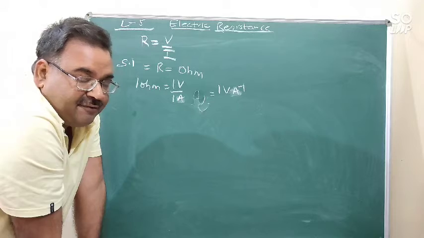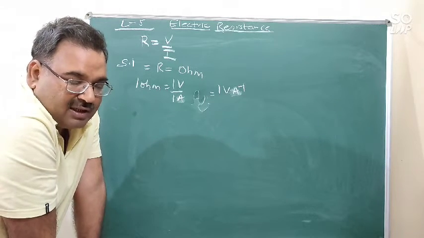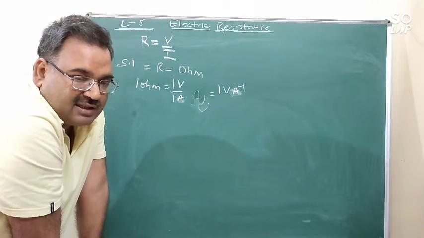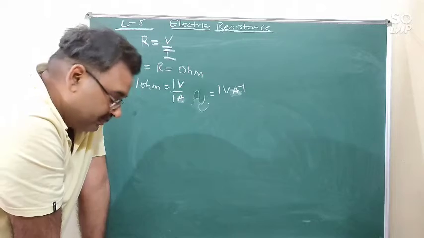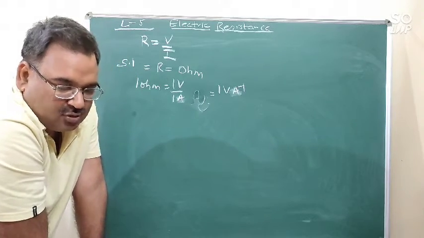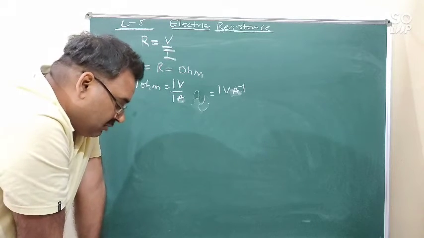If a potential difference of 1 volt is applied across the end of the conductor and 1 ampere current flows through the conductor, then the resistance of that conductor is 1 ohm. Then bigger units: mega ohm, mega means 10 raised to power 6 ohms; micro ohm, smaller unit, 10 raised to power minus 6 ohm.